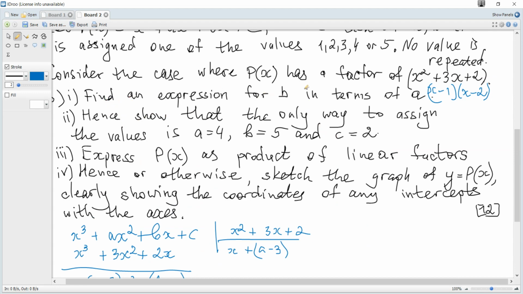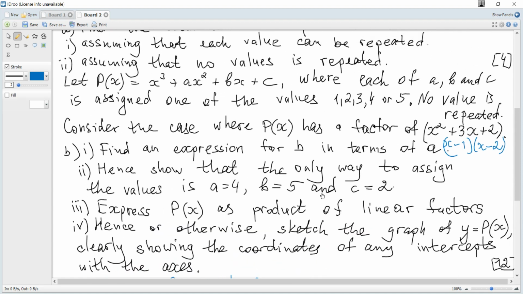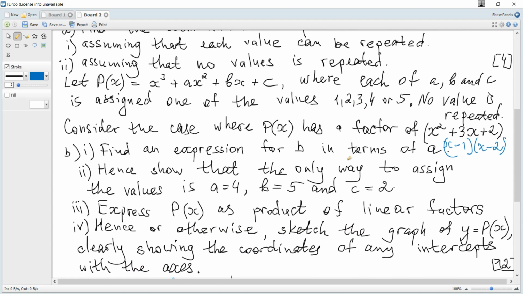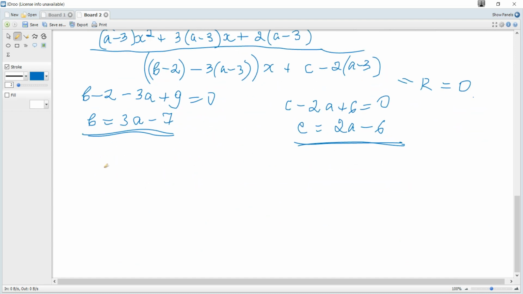Find an expression for b in terms of a. The next part: show that the only way to assign the values is a is 4, b is 5, and c is 2. So since there are only 5 numbers in total, let's consider each value.